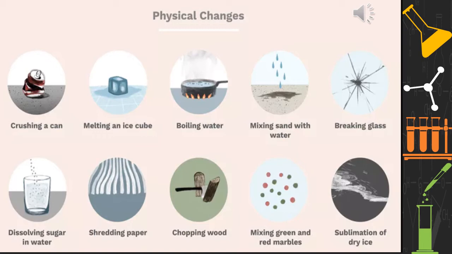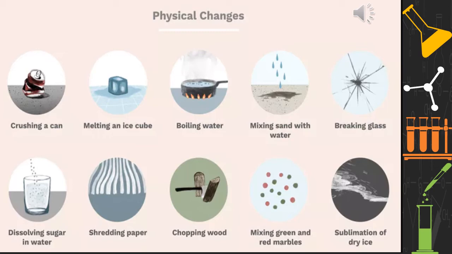Melting an ice cube. Ice melts to form water. Though ice and water are different states of matter, both are made of water molecules. Thus, no new chemical substance is formed during melting of ice. So, melting of ice to form water is a physical change. Boiling water.